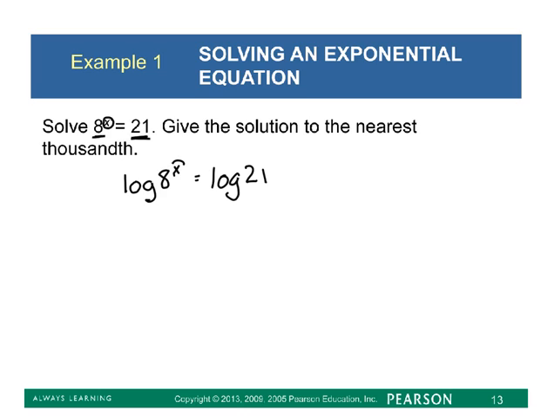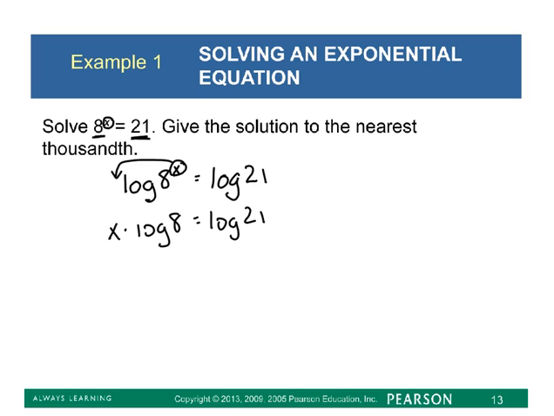We're going to take our exponent and use one of our properties and move it down in front of our log. So we get x times log of 8 equals log of 21. We're almost done at this point.